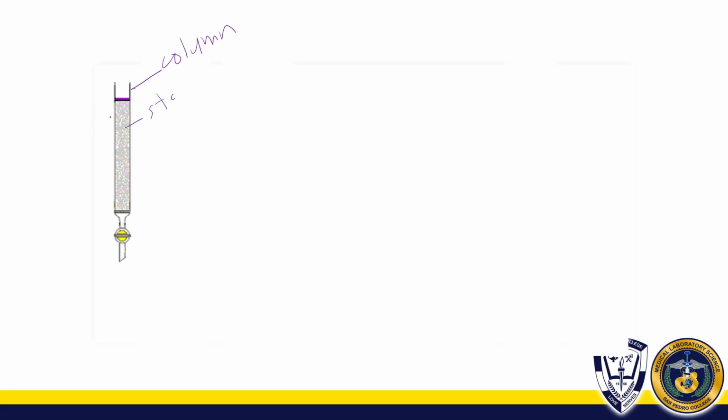That is your stationary phase. Your mobile phase is what will pass through your column carrying your analyte. So kani makita ninyo na shaded na violet on top na line, that is your analyte.